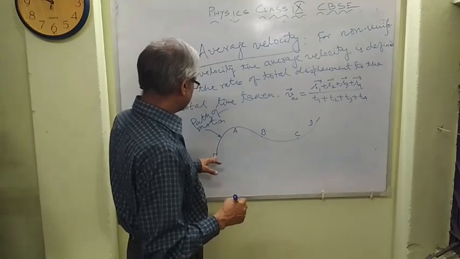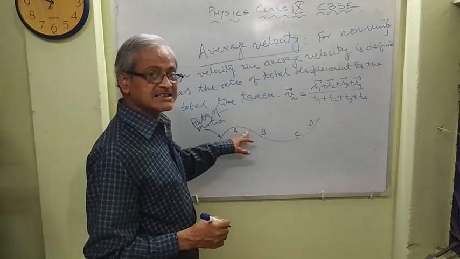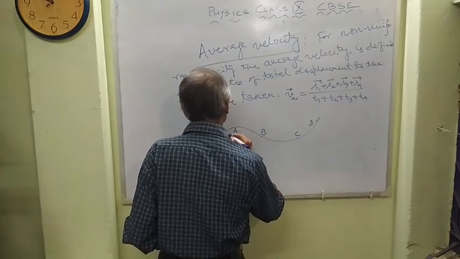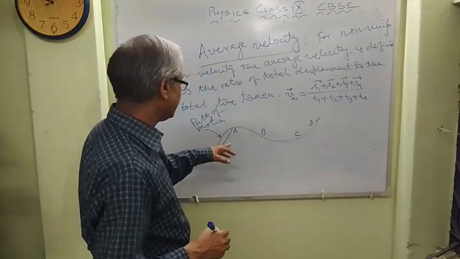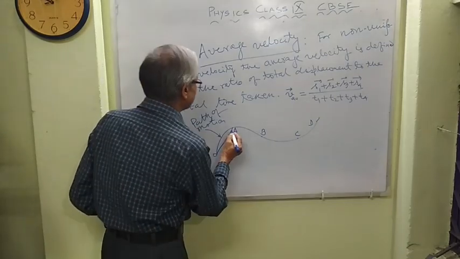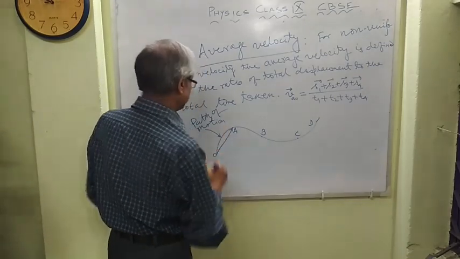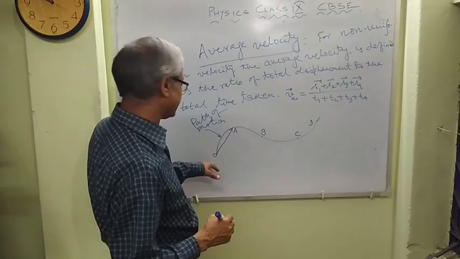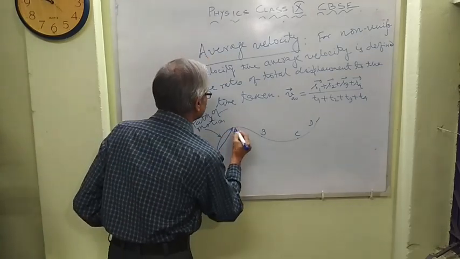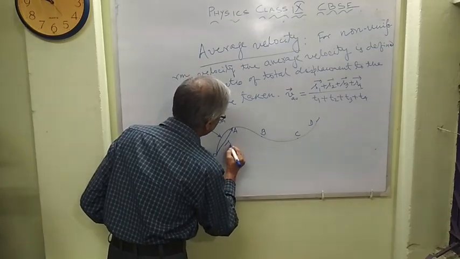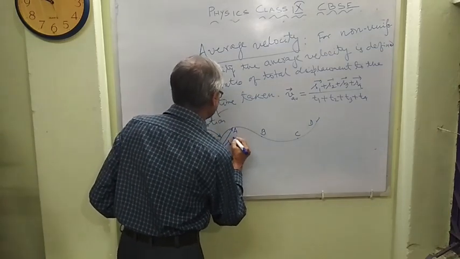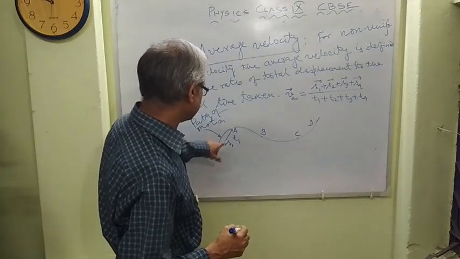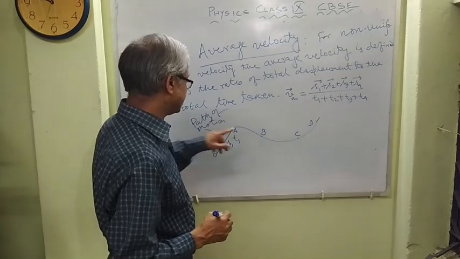Now, from O to A, the displacement will be obtained by joining O and A by a line segment, and its direction will be from the initial to the final point, that is from O to A. Its displacement is S1 and time taken to reach A from O is T1.